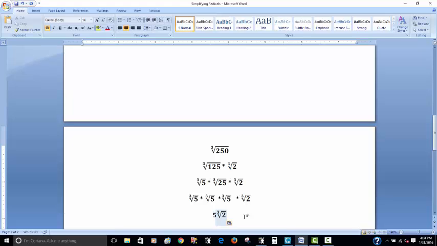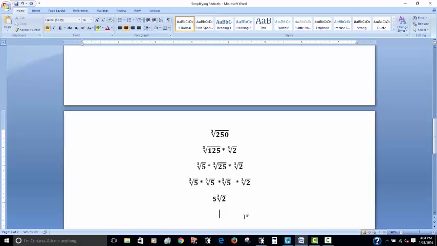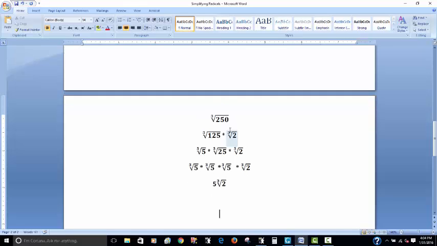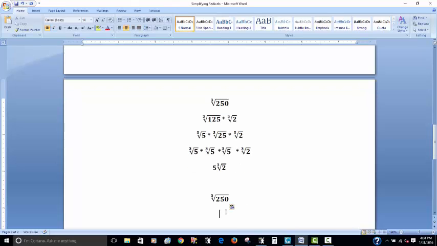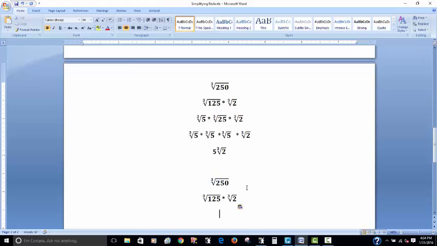Okay, now method 2 was using nth roots. Okay, so cube root of 250. Again, now I would find two numbers which multiply to 250, and one of the numbers being a perfect cube. Well, it just so happens right up here, I could take the cube root of 125 times the cube root of 2, because 125 is a perfect cube.